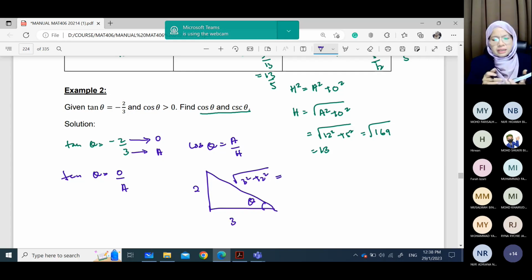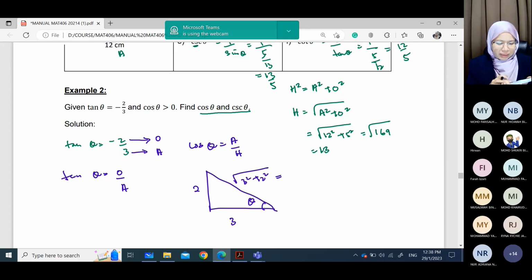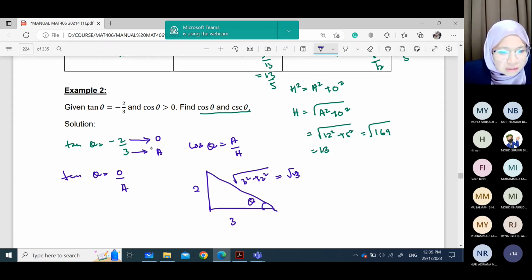So 9 plus 4, square root 13. Ni kita punya H, hypotenuse. Okay, so cosine theta is equivalent with 3 over square root 13. Macam tu.